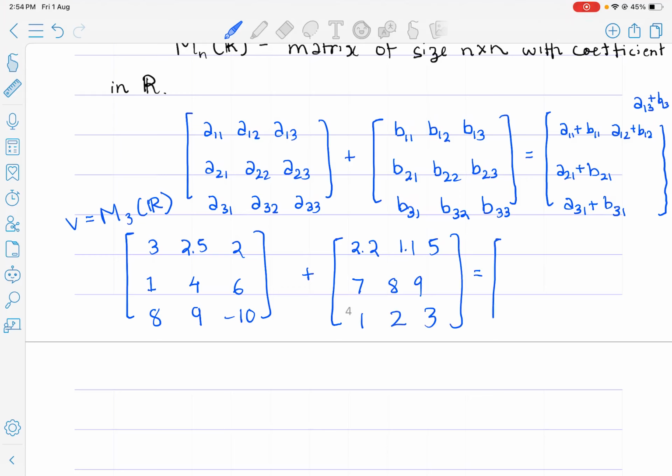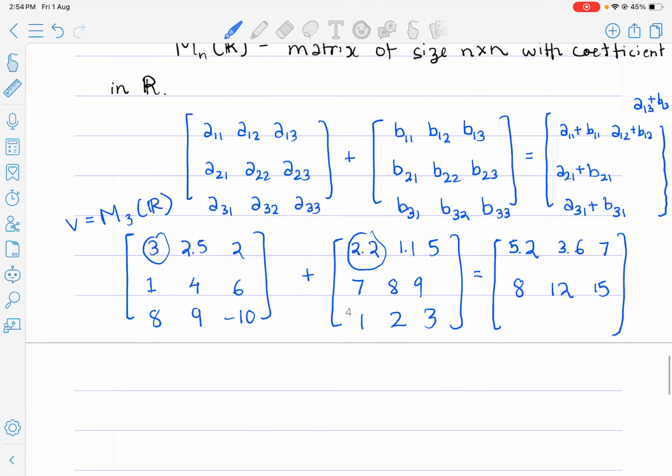So I am defining the addition: 3 plus 2.2, the first entry would be 5.2. Now 2.5 plus 1.1 is 3.6, 2 plus 5 is 7, 1 plus 7 is 8, 4 plus 8 is 12, 6 plus 9 is 15, 8 plus 1 is 9, 9 plus 2 is 11, and minus 10 plus 3 is minus 7.